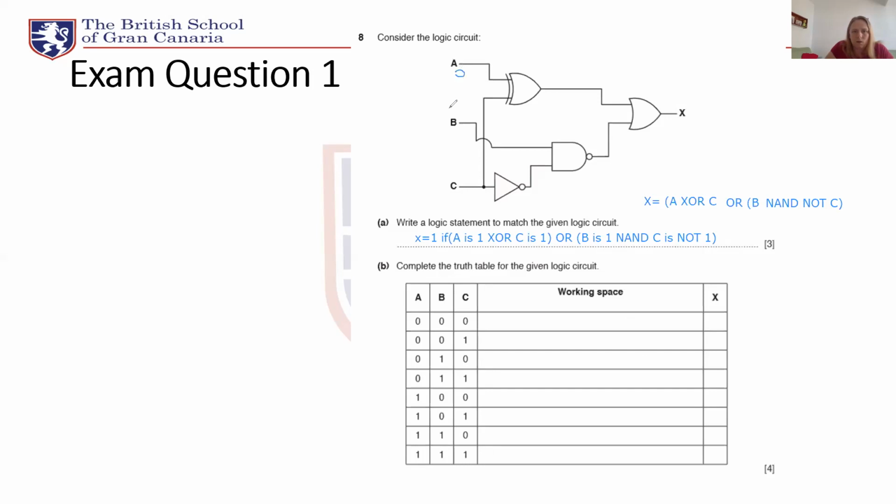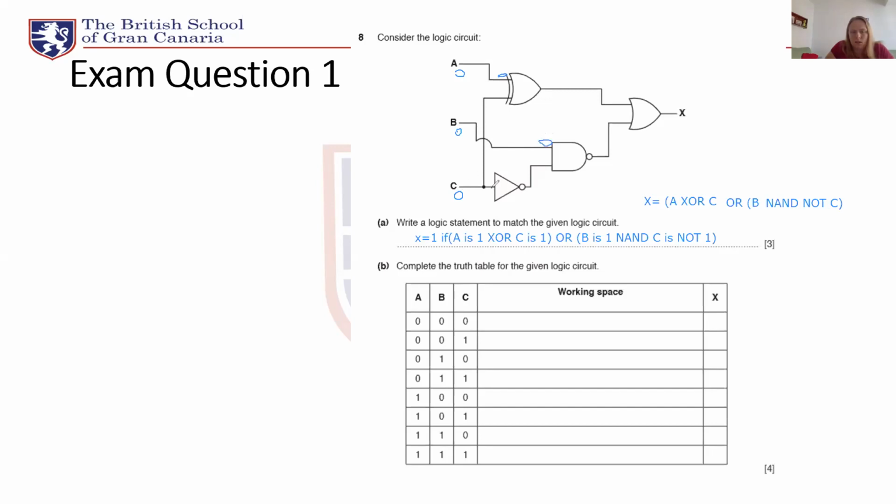So I'm going to go 0, 0, 0, because I'm going by this one here. If A is 0, and this is an exclusive OR gate, so this input is 0. And then we've got B, where the input is 0 here.